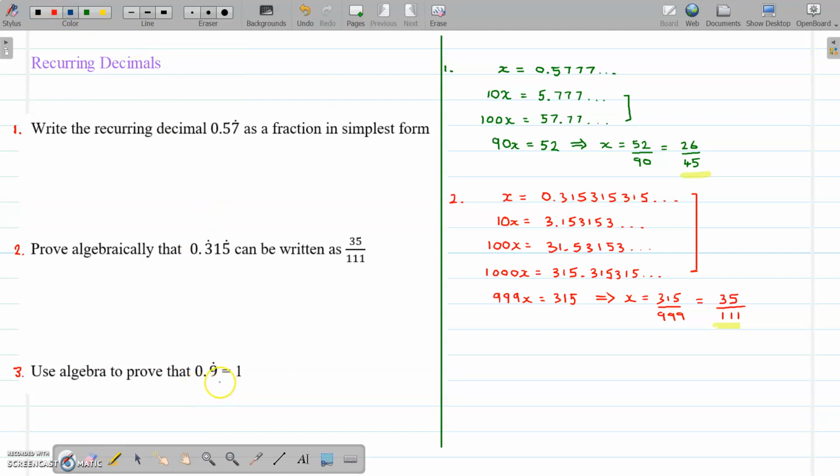We're going to do exactly what we just did for the other two questions. So just watch this. For question 3, x equals 0.999, etc., and therefore 10x must equal 9.999 and so on.